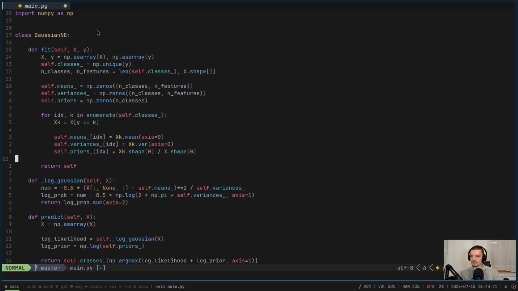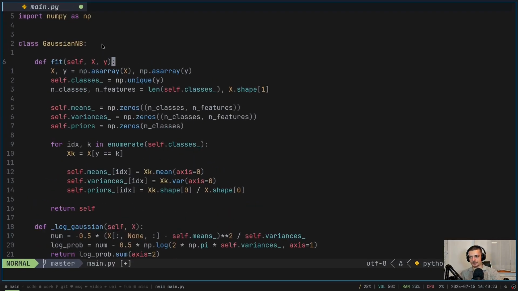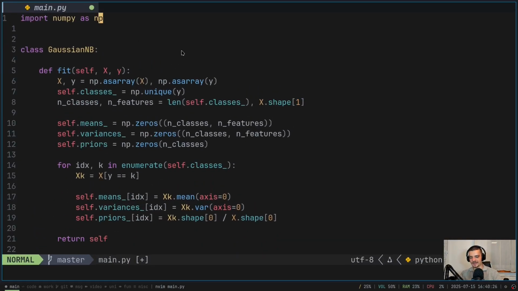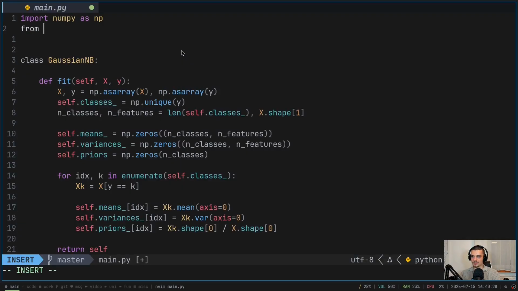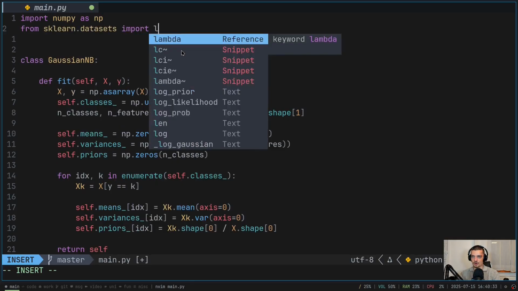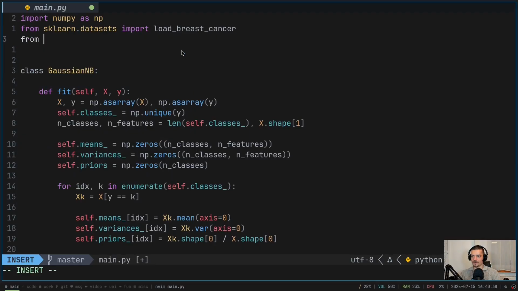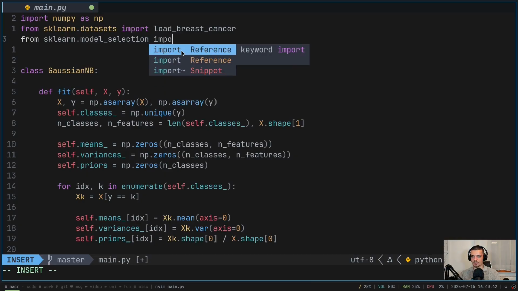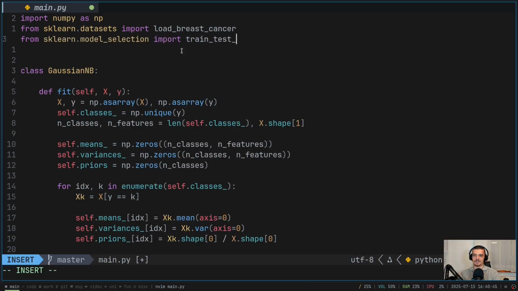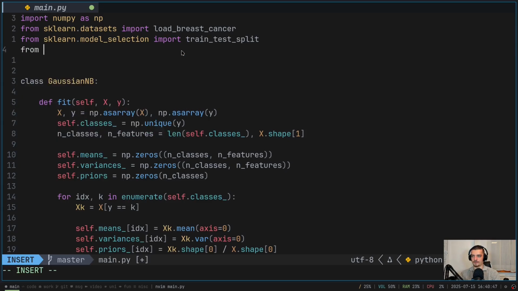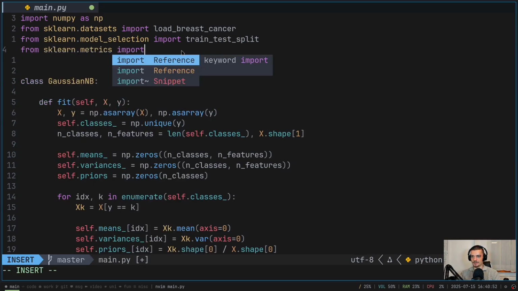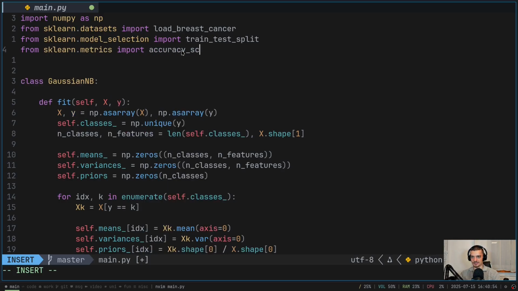But regardless, what we're going to do now is import from scikit-learn the data set and also some evaluation mechanisms, just to see if this works. So from sklearn.datasets we're going to import the load_breast_cancer function, from sklearn.model_selection we're going to import train_test_split, and then from sklearn.metrics we're going to import the accuracy_score, I think.